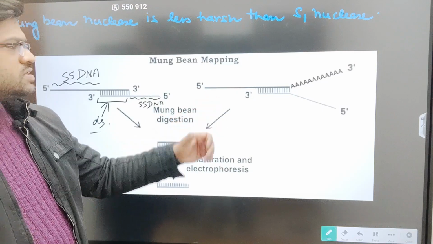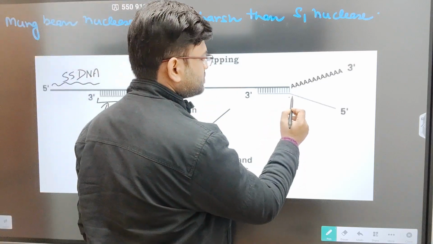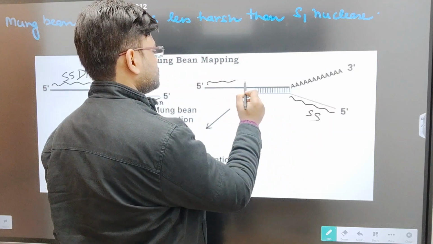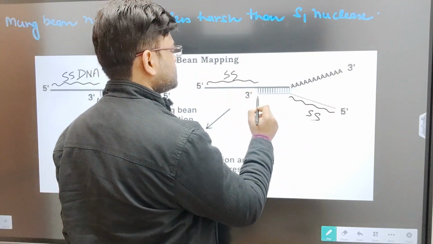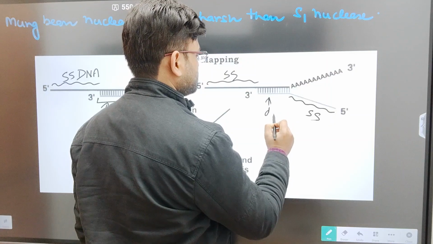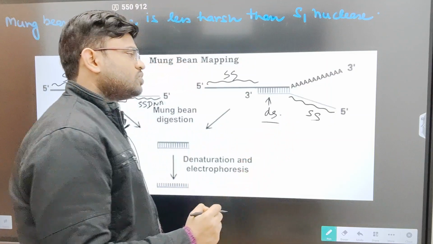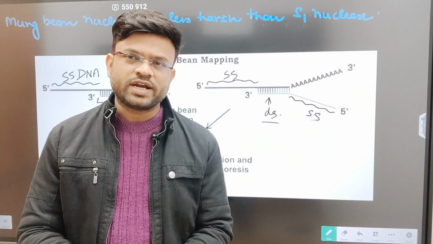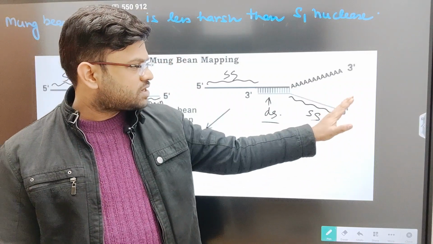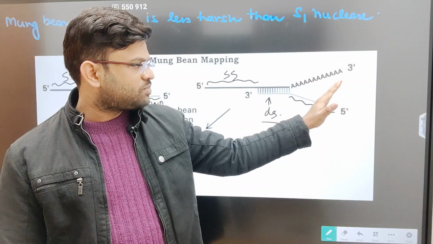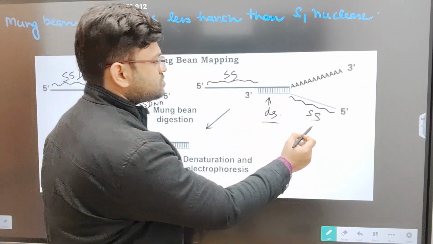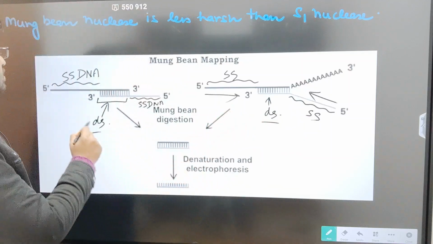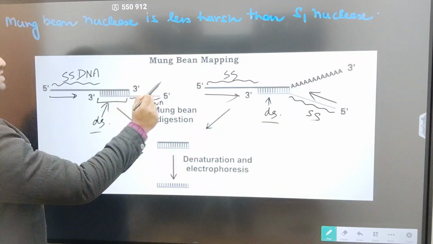In the same way, you can see over here, this is also single stranded and this is also single stranded, but this is double stranded. Now I have told you that 5' phosphate mononucleotides would be formed. That means it will start cutting from the 5' region and create mononucleotides from this side also, similarly from this side also, from this side also.